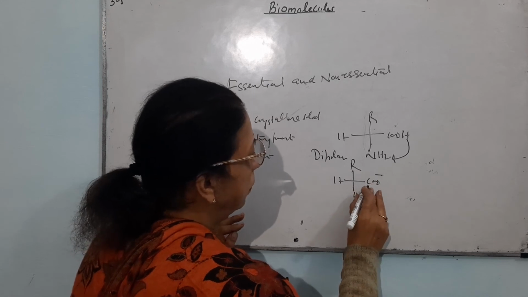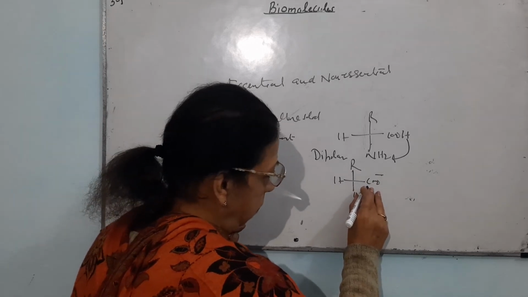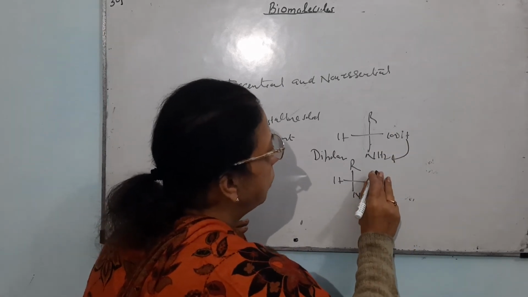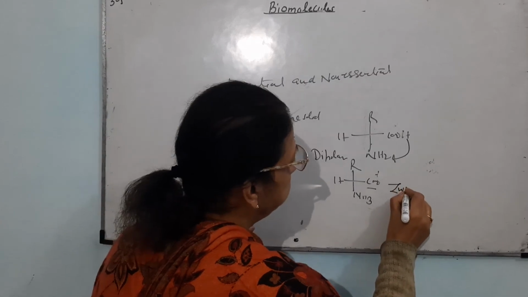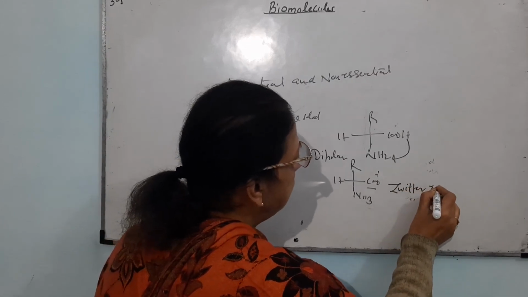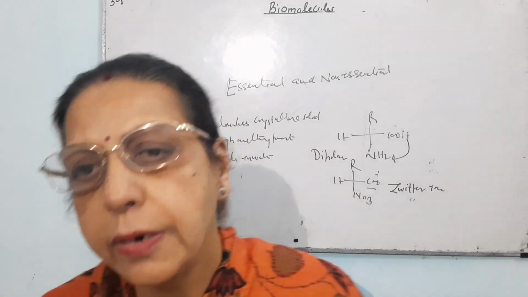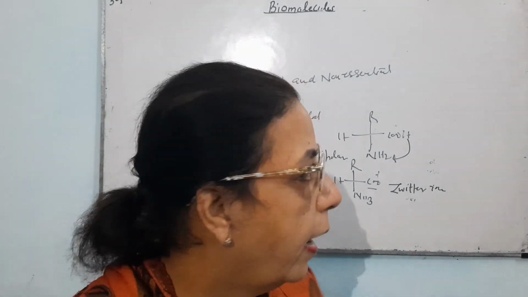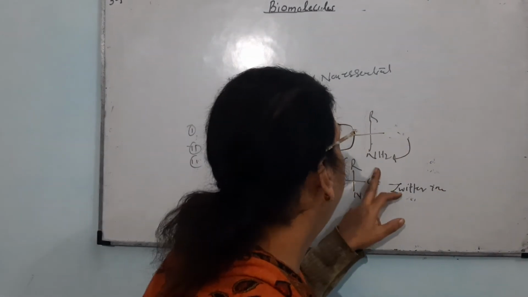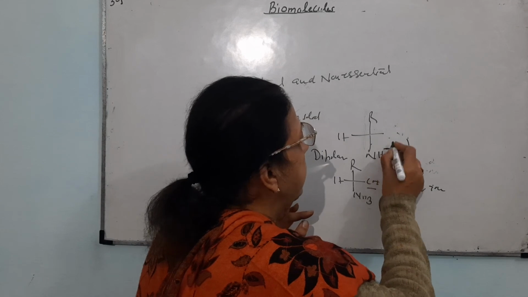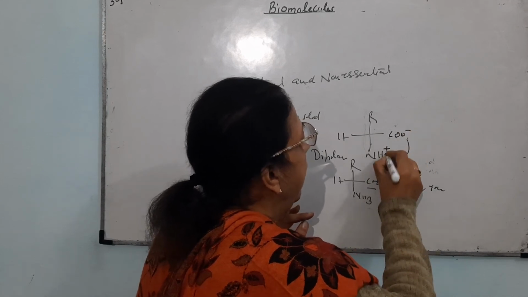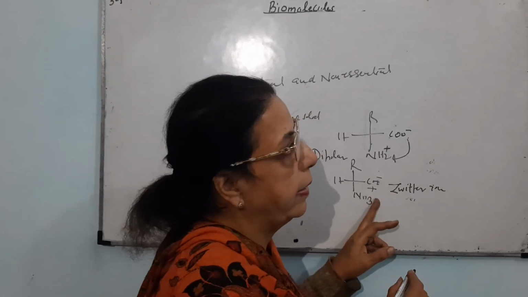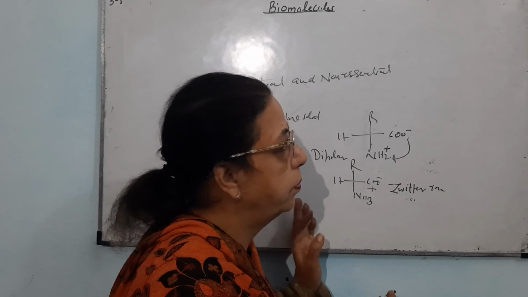This is known by the name of zwitterion. What is a zwitterion? A zwitterion is a dipolar ion where there is a presence of both positive and negative charge.